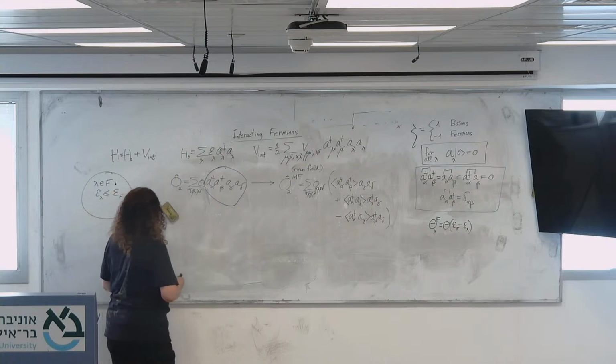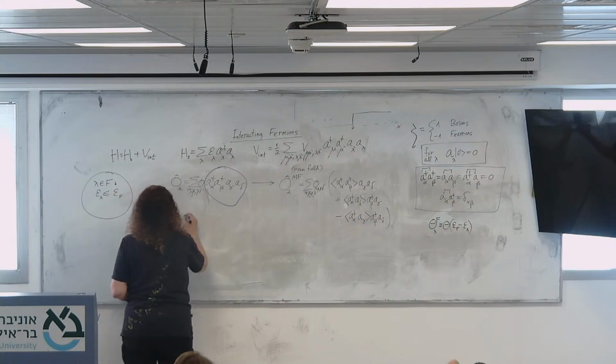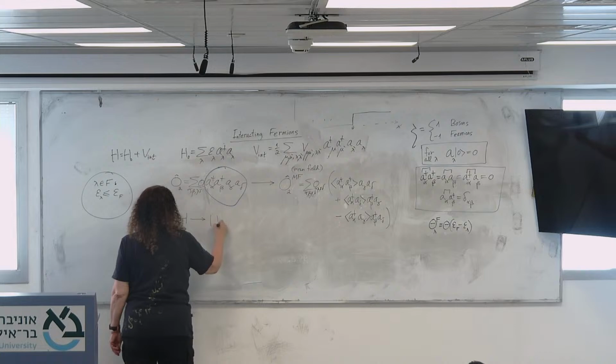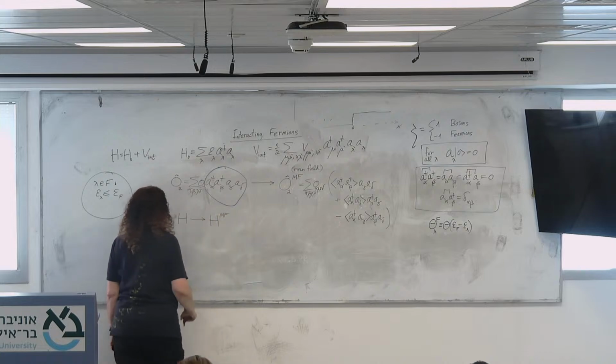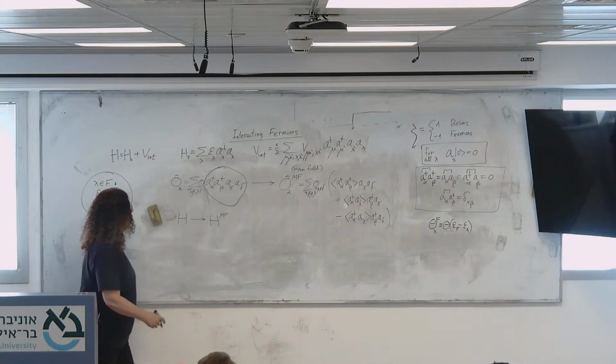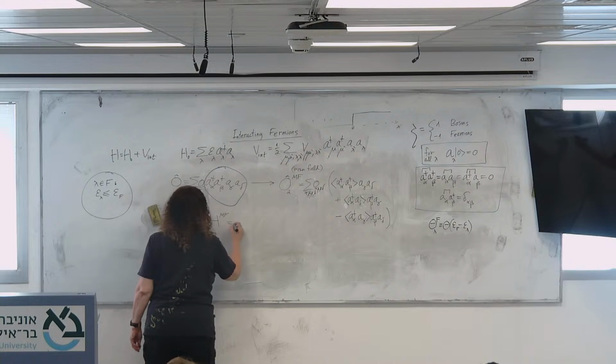And so the approximation where we replace the true Hamiltonian by its mean field version is called Hartree-Fock. Why Hartree-Fock?